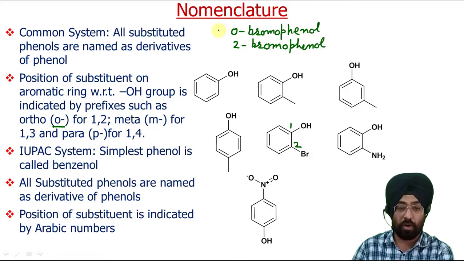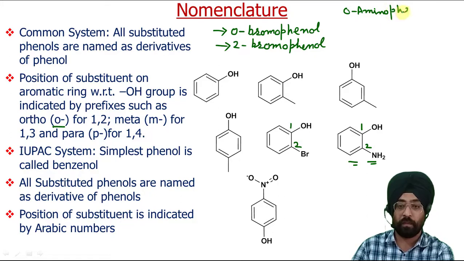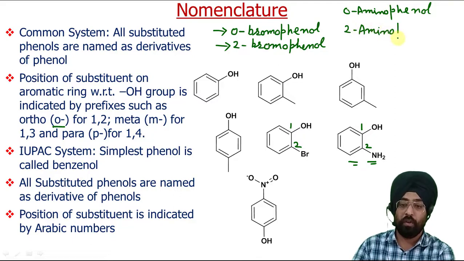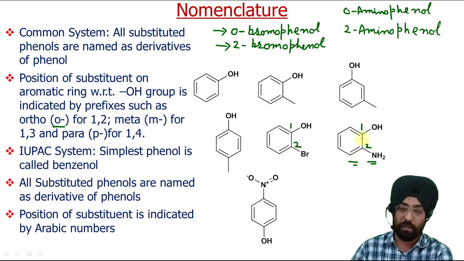So it is its common name, it is its IUPAC name. Similarly this 1 2, at second position we have amino, so we can call it ortho amino phenol, or in IUPAC name it will be 2 amino phenol. So that is its IUPAC name, and this is its common name.